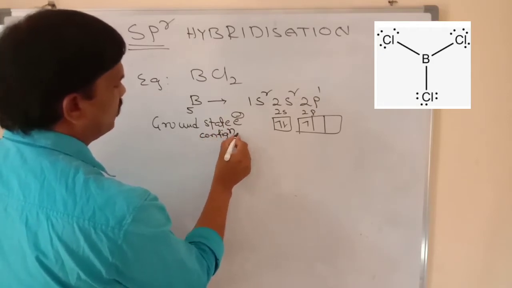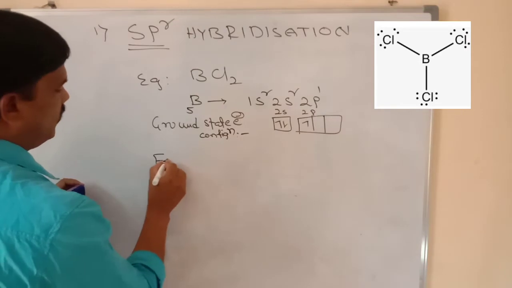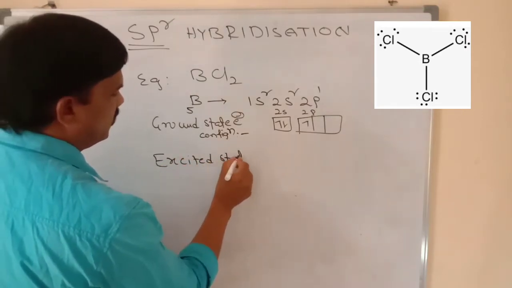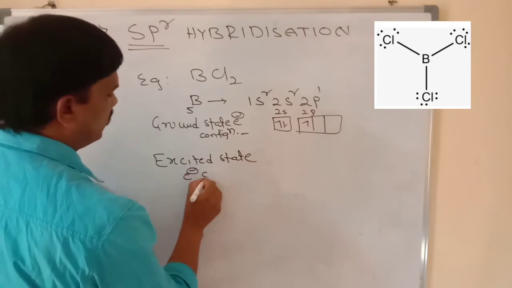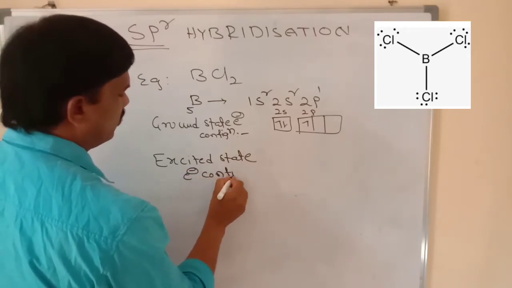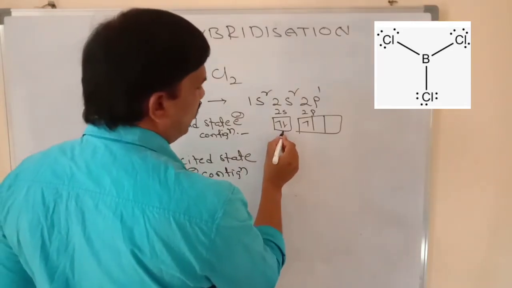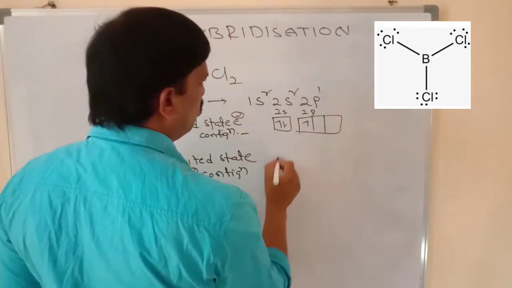Now I want to write the excited state electronic configuration. What is the excited state? In the excited state, one electron from the 2s is promoted to the 2p orbital.